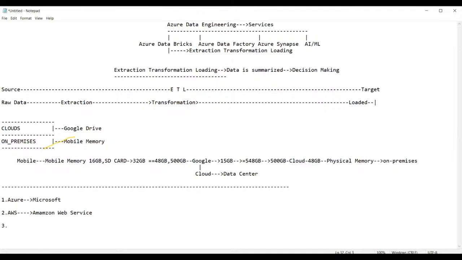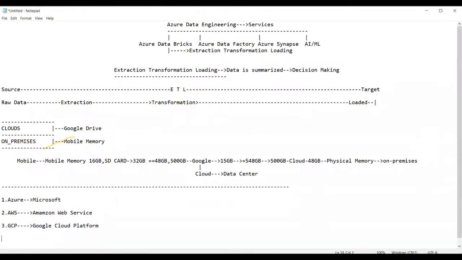The third one is Google's GCP, which stands for Google Cloud Platform.